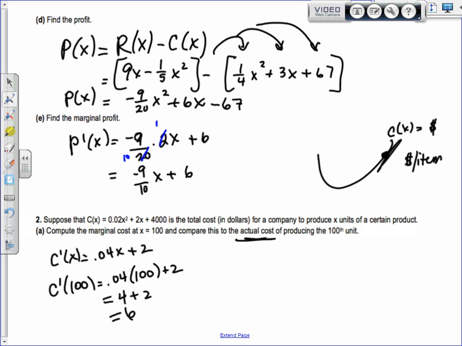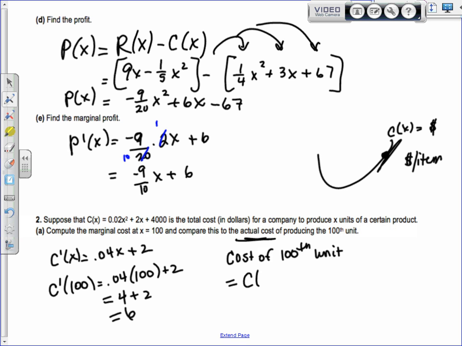Now, the actual cost of producing the 100th unit would be the total cost of producing, so cost of 100th unit. This is kind of weird. So if I was finding how much it costs to produce the 100th unit, I'm going to find the total cost of producing 100 items minus the total cost of producing 99 items. Does this make sense?